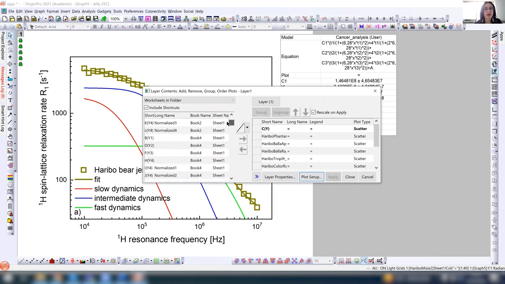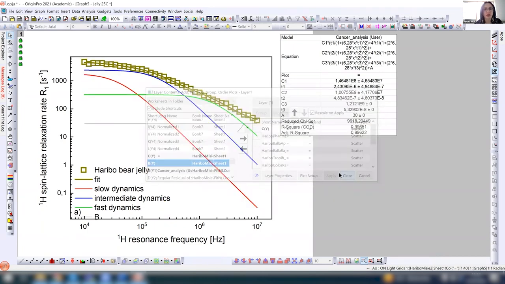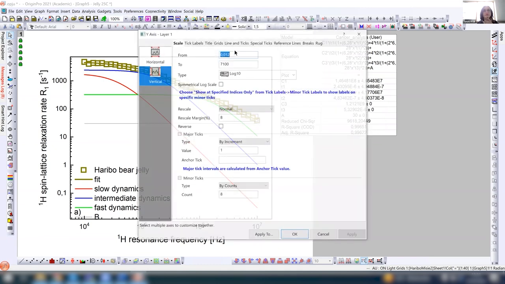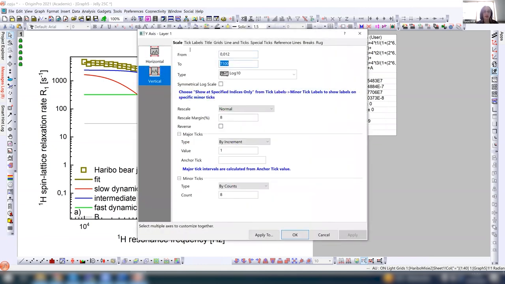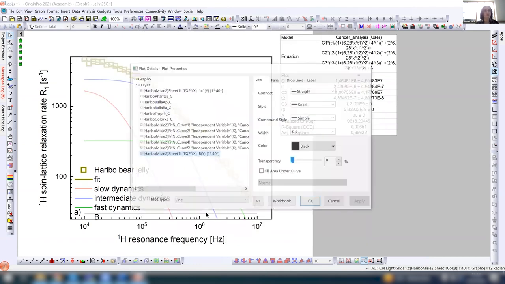Where's this thing? I have to find it. I suppose it's this one. Yes. So I have 30 here, of course. I have to change that. Yeah, but I have it here.